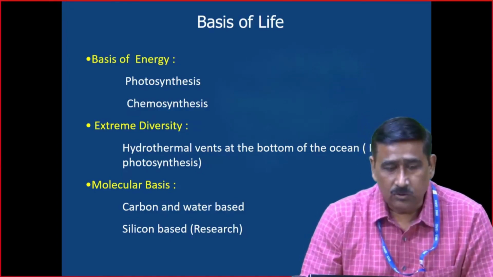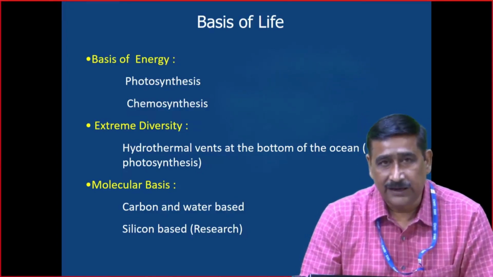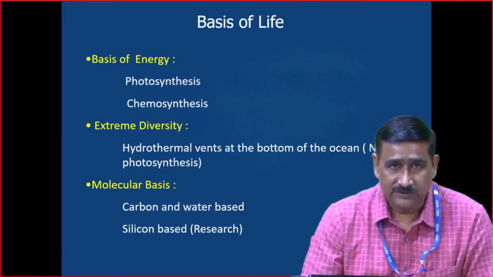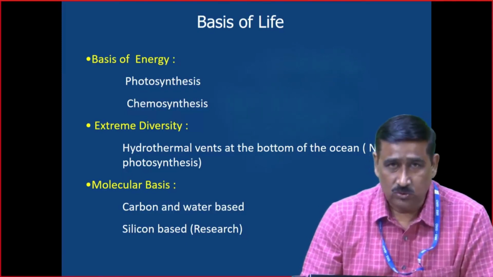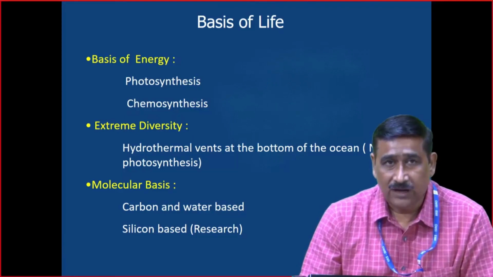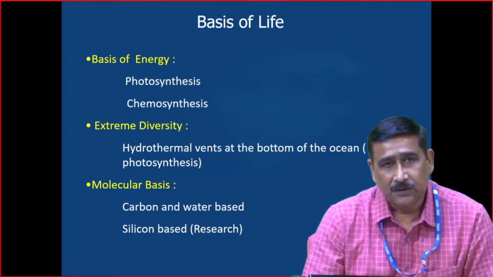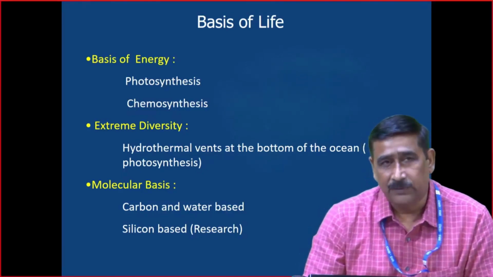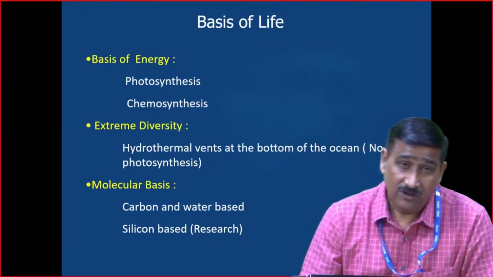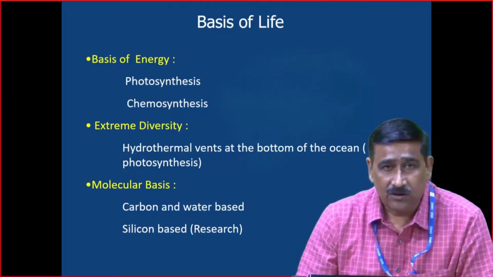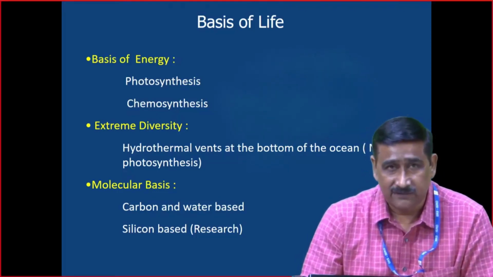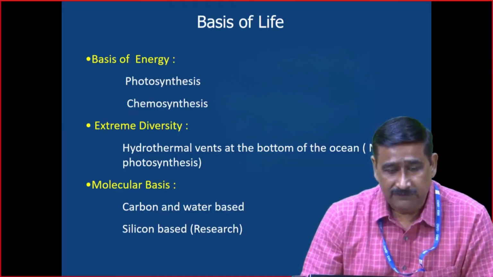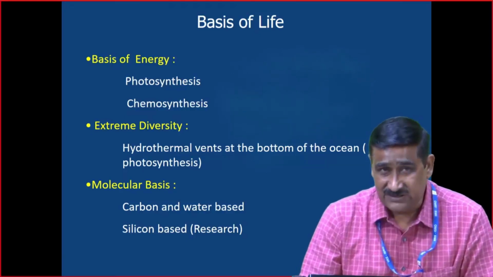Generally, we think the molecular basis of life is carbon and water based. We should have C and H2O in a material to have a life form. That is our understanding from Earth. But in many debates, we find that it is not necessarily carbon-based life. In some planetary system or star system in some galaxy, it can be silicon-based.